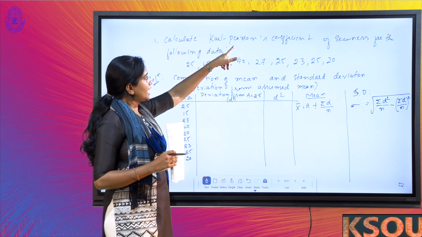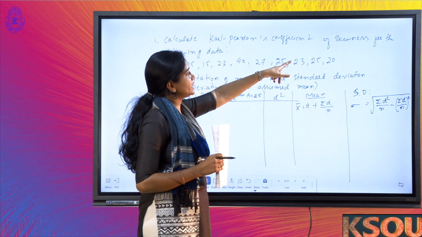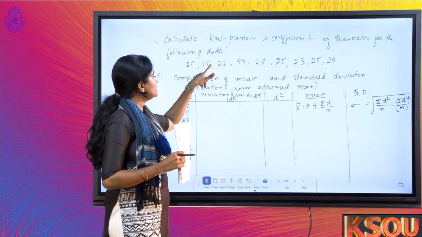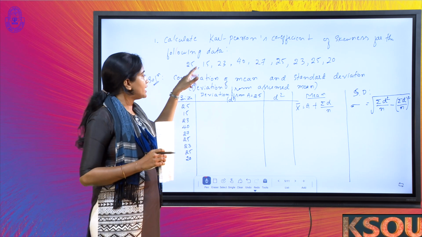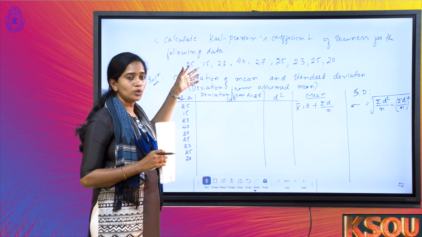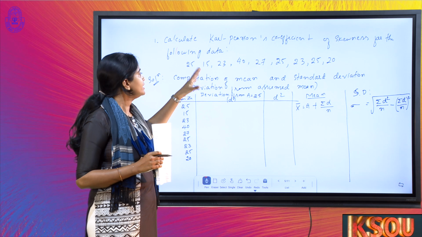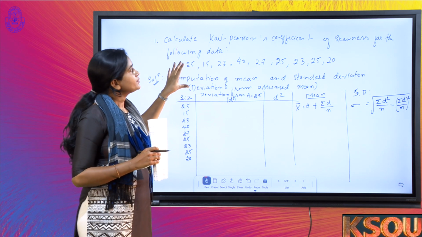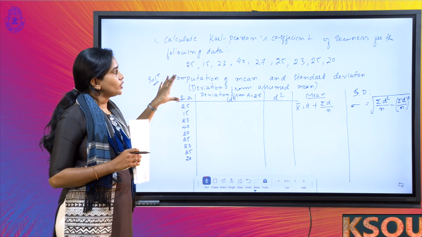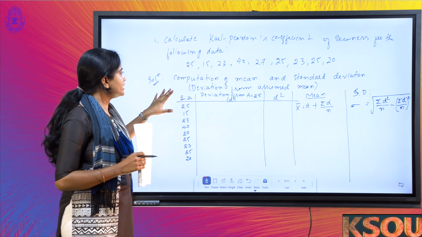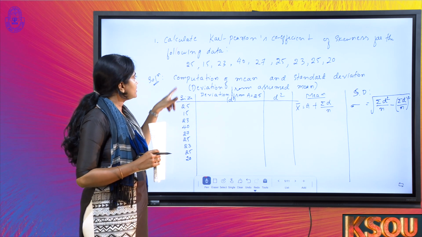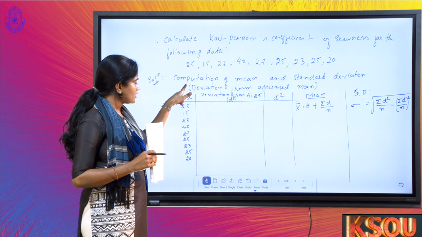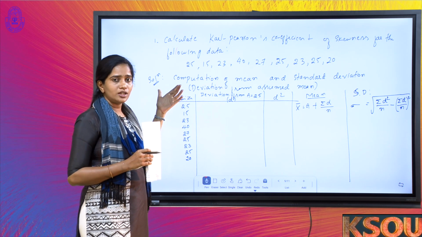Calculate the Karl Pearson coefficient of skewness for the following data. Here you have data of size, in ungrouped or raw form. You will have to calculate the Karl Pearson coefficient of skewness, so we can take this given data. You can start with the solution here.